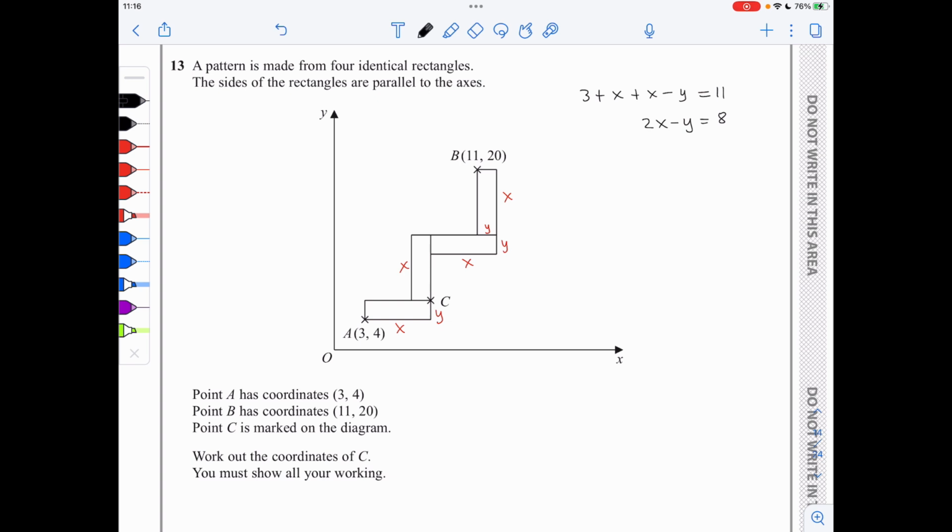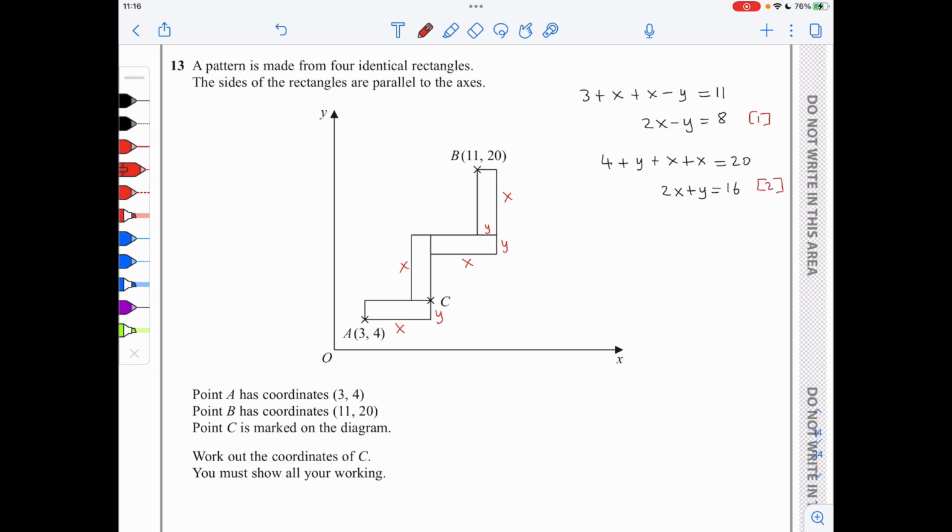And then I will do the same with the vertical movement. From A, I will go y plus x to move from 4 to 20. So I get that 4 plus y plus 2x is 20, which simplifies to 2x plus y is equal to 16. So we're now looking at simultaneous linear equations.